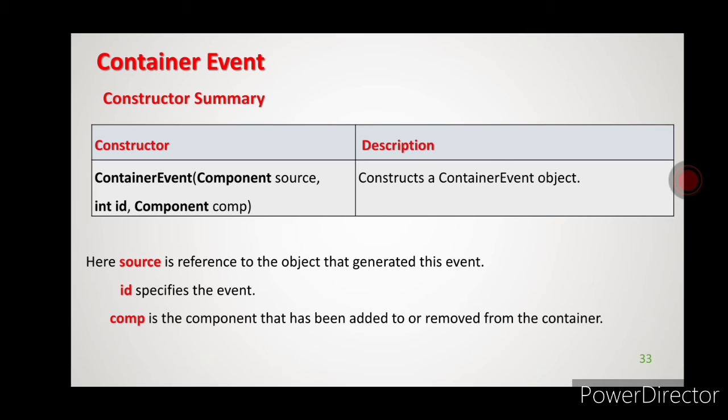And comp means the component that has been added or removed from the container. Which component is added to the container or removed from the container, that component it will return. That is nothing but comp.